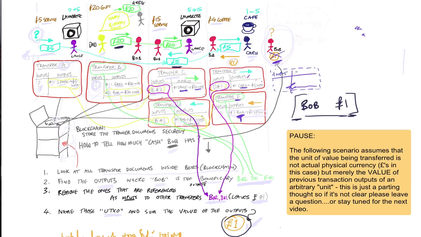And Bob was able to basically say, right, I'm creating a new transaction, and it pays, let's say, Lance, £1, and I'm using the output from transfer E, but rather than actually needing to transfer any physical cash, if there was a way for Bob to prove by signing this transaction that he was the only person able to spend that output, then you wouldn't need these physical objects changing hands.